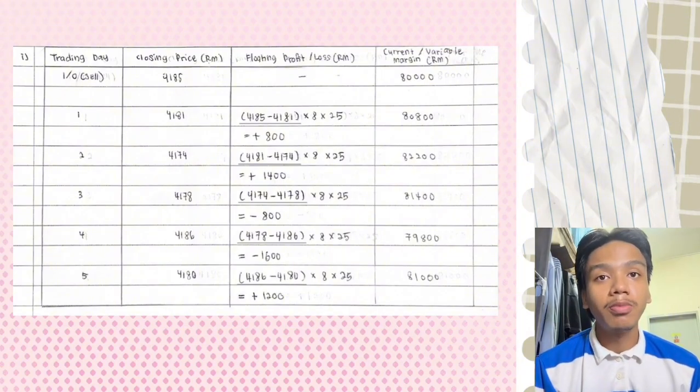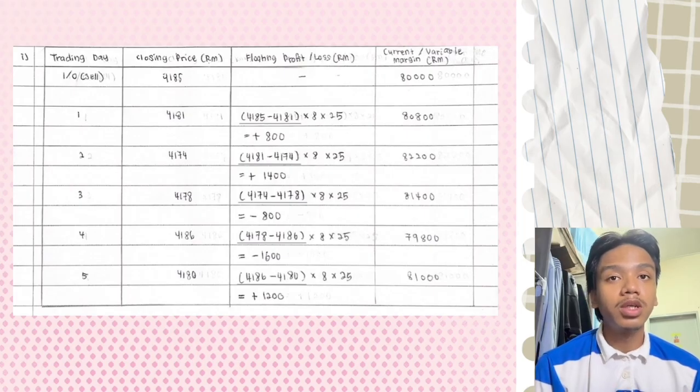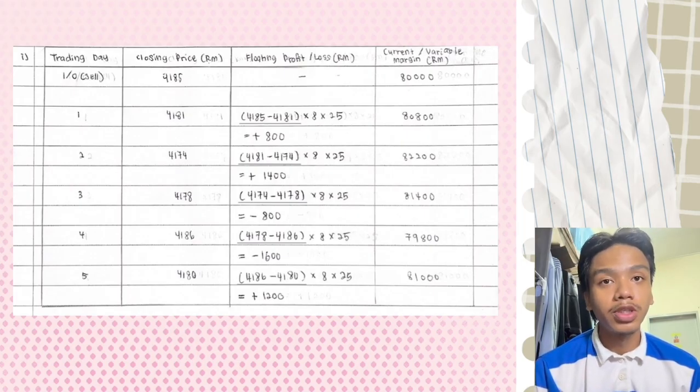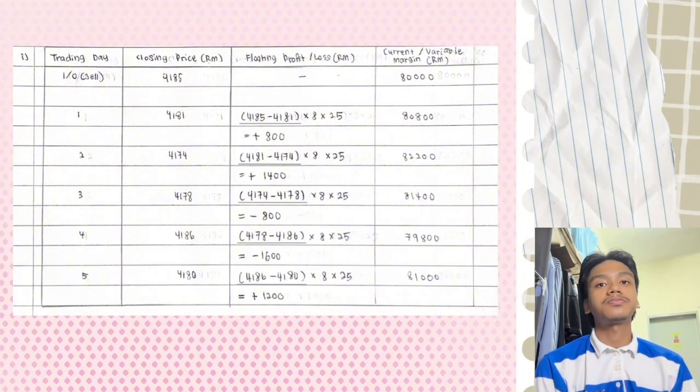On day 1, the price drops to 4,181. That's a drop of 4 points, using the formula as follows. And by using the formula, we get plus 800 ringgit, which makes his account balance rise to 80,800 ringgit.